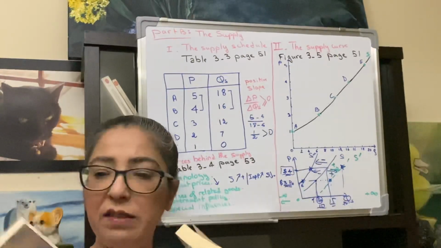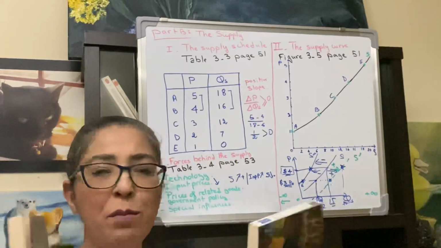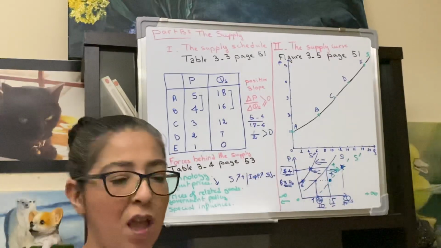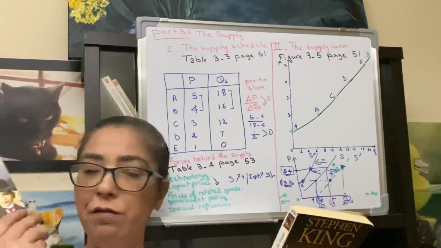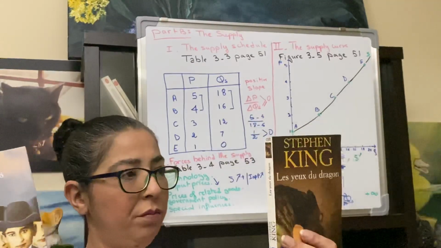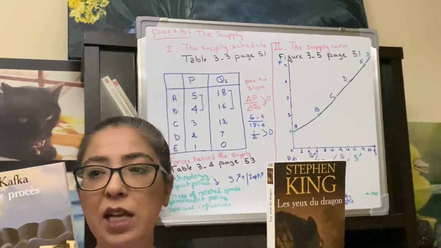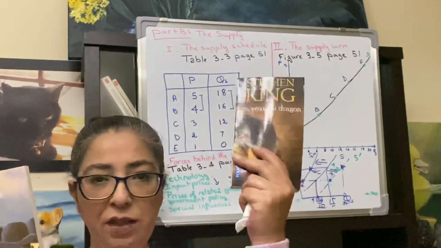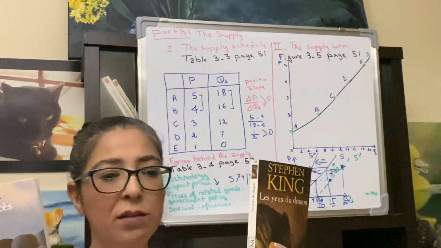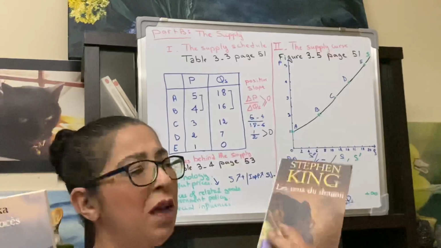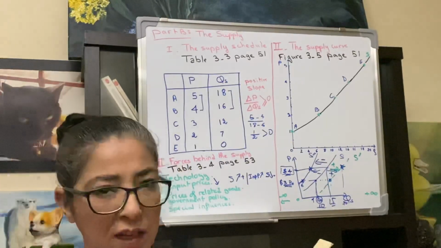So you see it's approximately the same size, so the same inputs, the same everything. But right now, they're producing 50-50. I'm not going to change any variable, and I'm studying the market of Stephen King, this book. I'm not going to take all the books as one. I'm going to take this good, and this one I'm going to consider as another good.